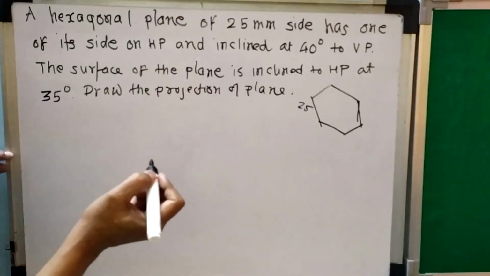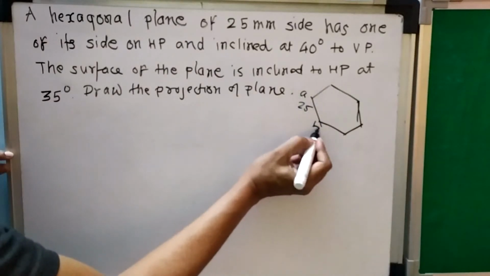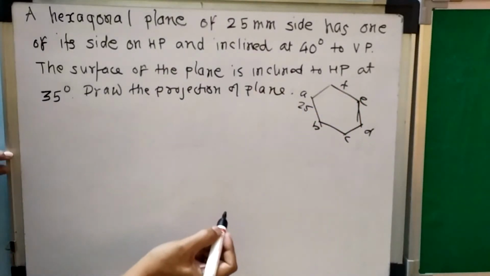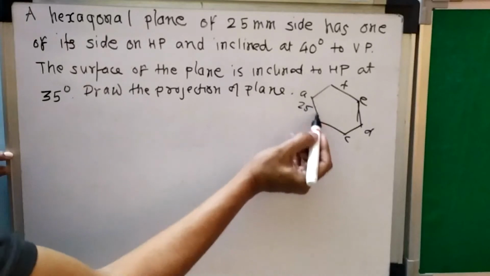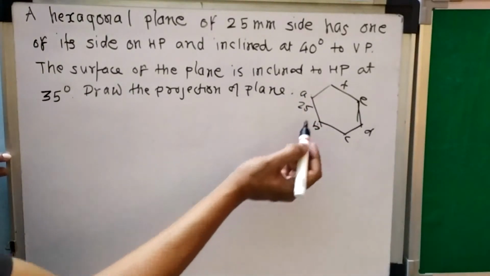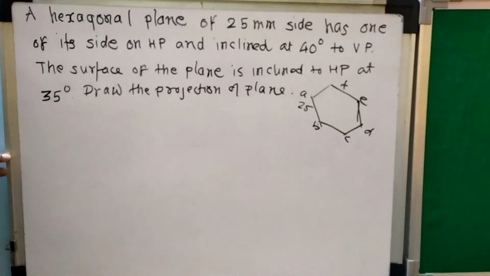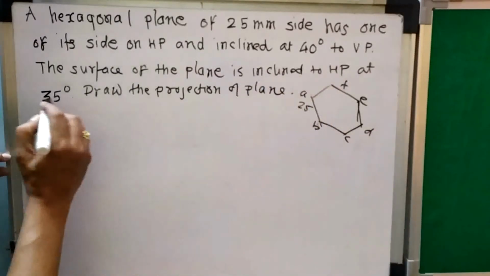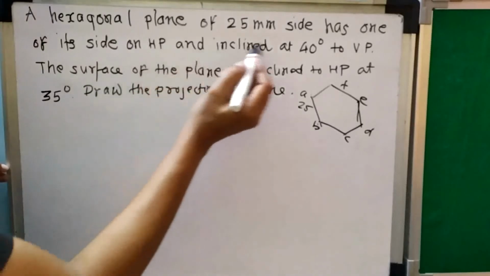Suppose this side is on HP; I will take this A, B, C, D, E, F as a hexagon. One side I will take on HP, suppose this is the resting side AB, and it is inclined at 45 degrees to VP. So this side is inclined to VP at 45 degrees, and the surface of the plane is inclined to HP at 35 degrees. The surface is inclined to HP and the side is inclined to VP.